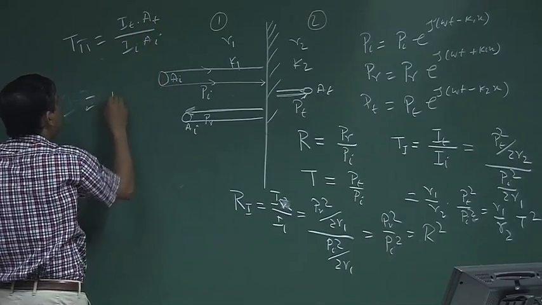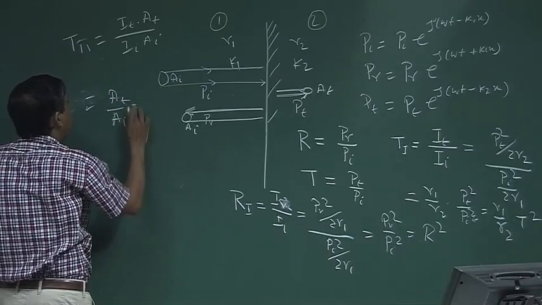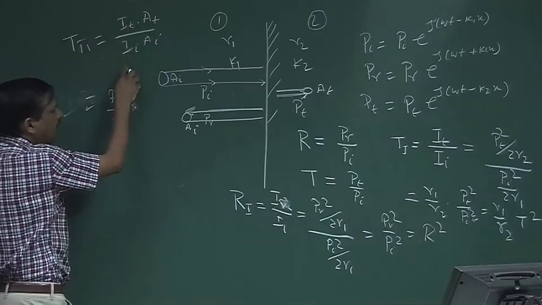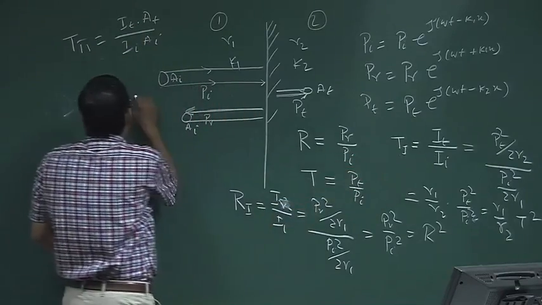So it is At by Ai into It by Ii, and It by Ii is Ti.